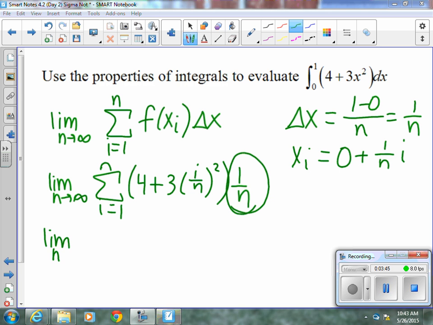Keep your limit. We're only moving it out front of our sigma notation because it's a constant in terms of the sigma notation, because i is our variable. And we can simplify this a little bit.